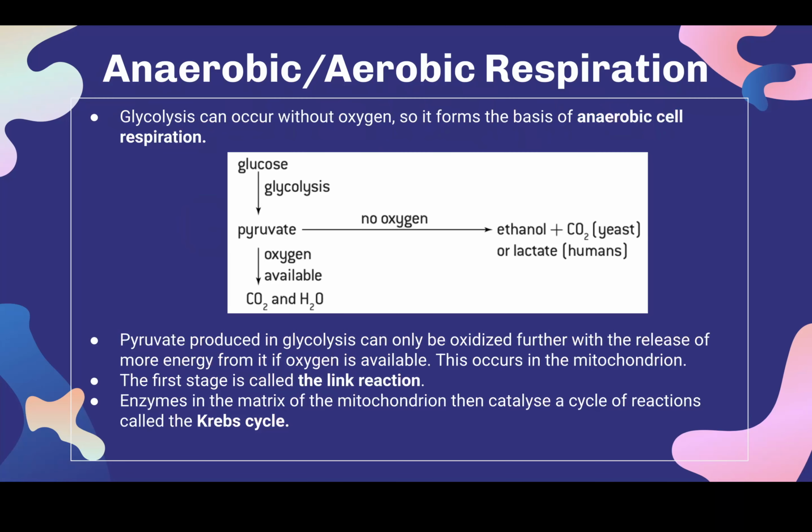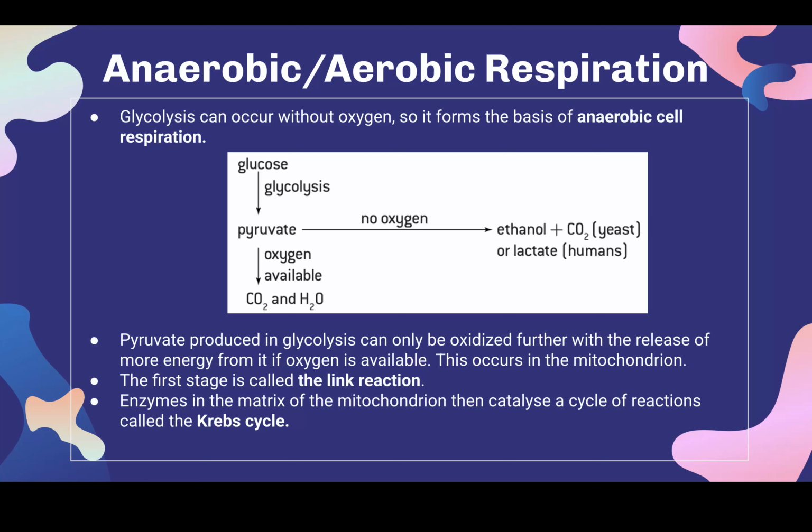Okay, great. Now, before I go into the link reaction and Krebs cycle and all the really difficult parts of cell respiration, I'm going to bring it back to the difference between anaerobic and aerobic respiration. I've been through this already, but one thing that you need to know in terms of glycolysis is that glycolysis occurs without oxygen, which means that it is the basis of all cell respiration, but also the basis of anaerobic cell respiration.